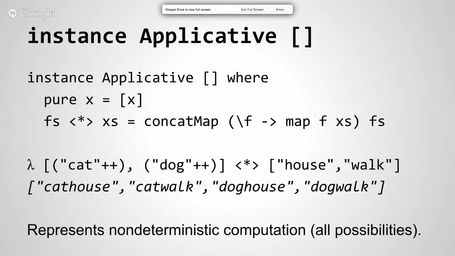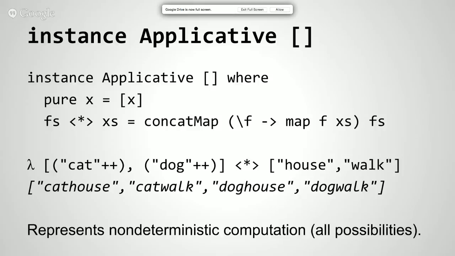So let's talk about the applicative list. Pure x is the one element list with x. And fs snowflake xs is going to concat map over the fs, a map of each f over the xs.